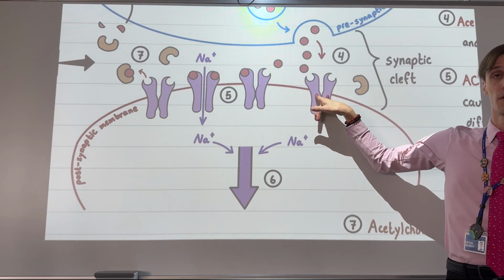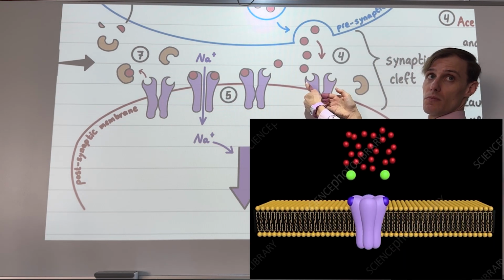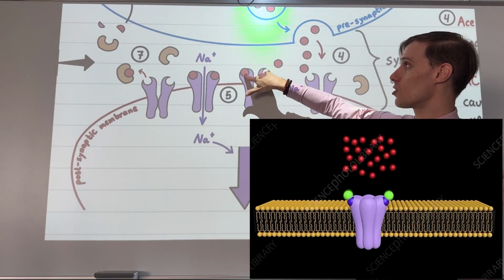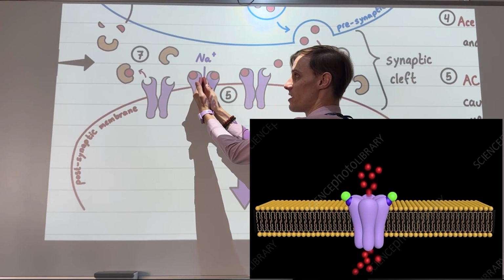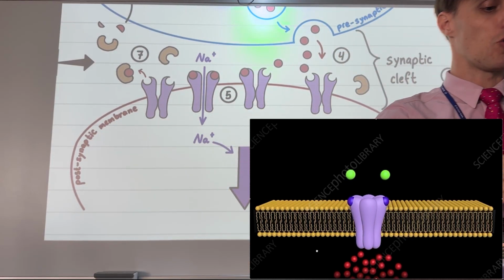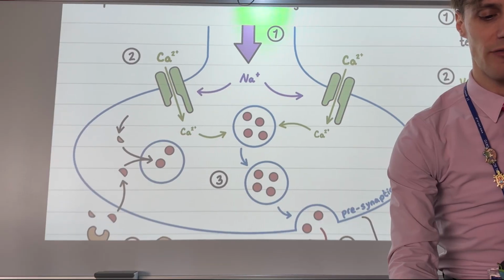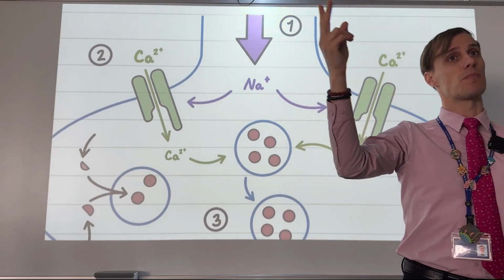Before the acetylcholine was bound, this thing was closed. As two acetylcholines bind to it, it's almost like a lock and key, this channel now opens. So this kind of channel, we said, was a voltage-gated channel. Same with sodium, same with potassium.